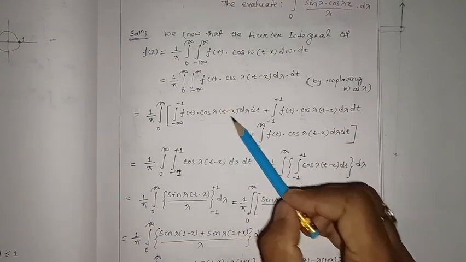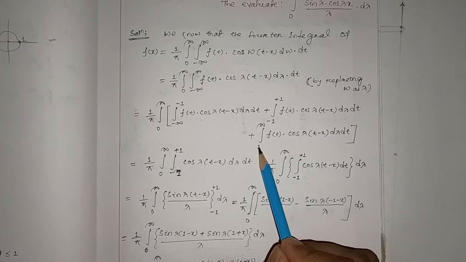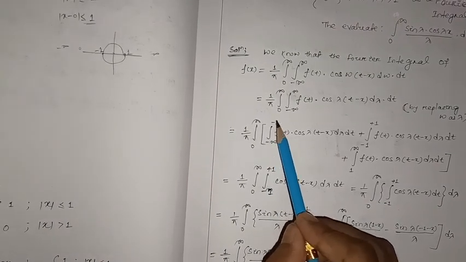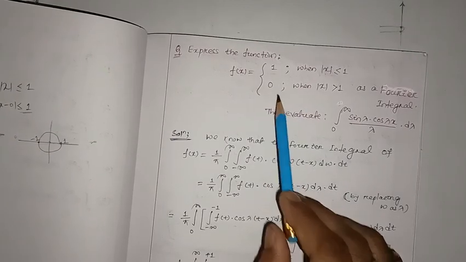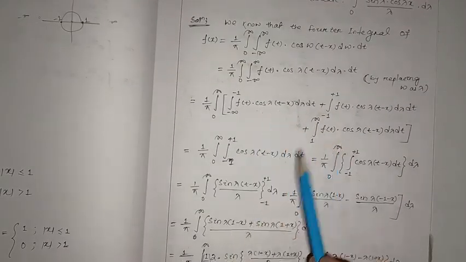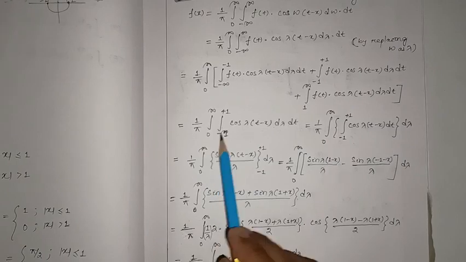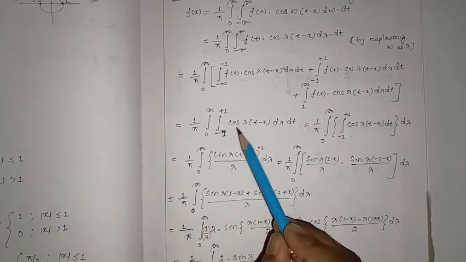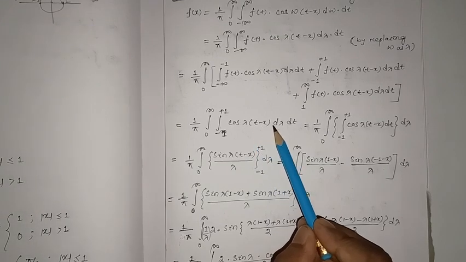These two integrals will cancel out because from 1 to infinity and minus infinity to minus 1 the function has been given as 0. This integral remains: minus 1 to plus 1, cos lambda t minus x, d lambda dt.